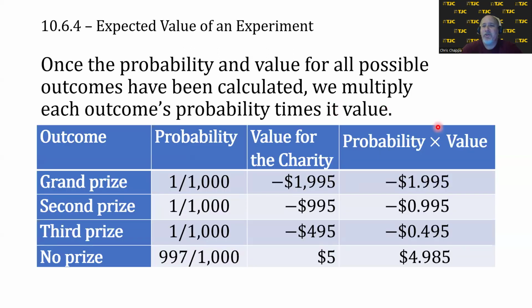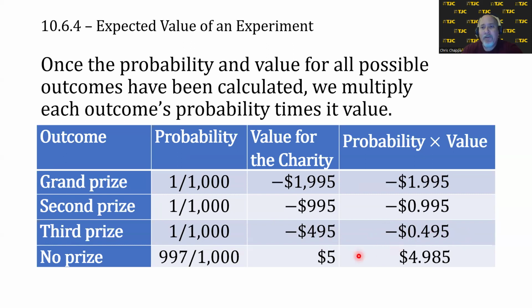And here's the results of the probability times the value for each row. Probability times value for the grand prize is negative 1.995. Probability times value for second prize is negative 0.995. Probability times value for the third prize is, excuse me, negative 0.495.